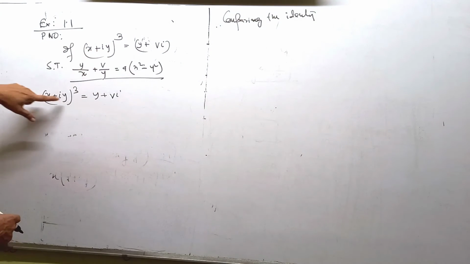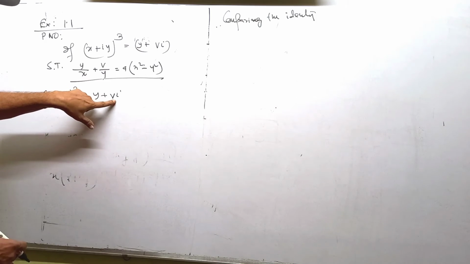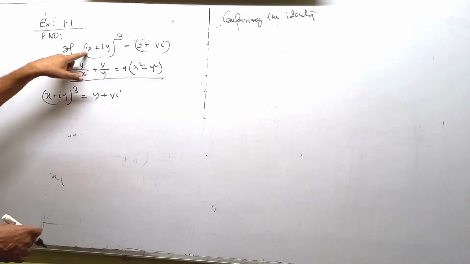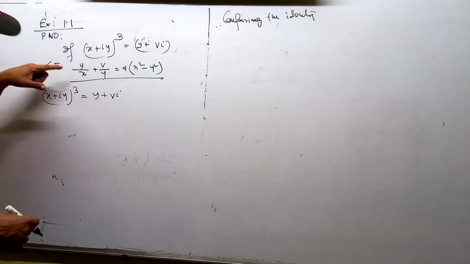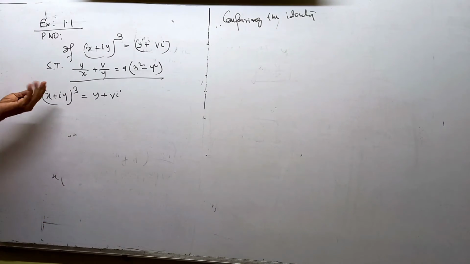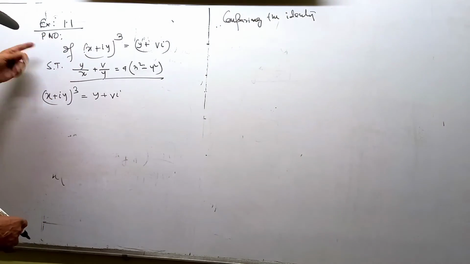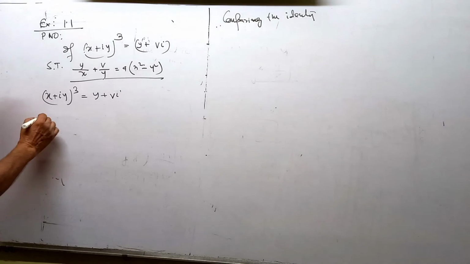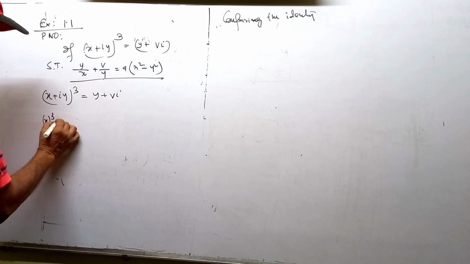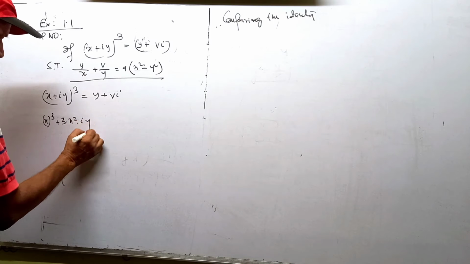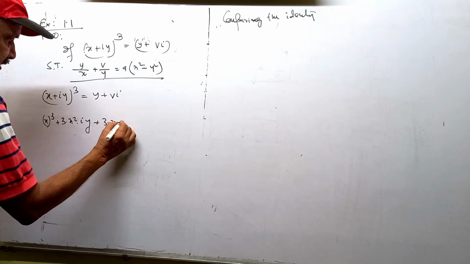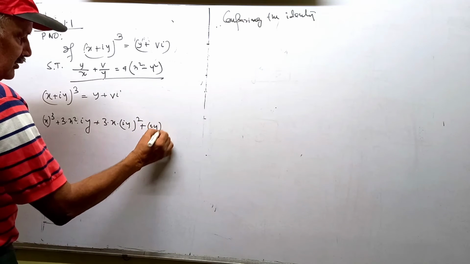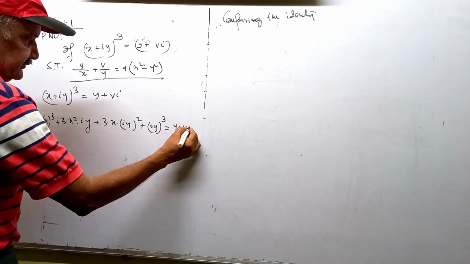Now (x plus iy) whole cube equal to y plus vi, and we have to prove from here this value. Whatever is given, we operate from there, and it is easier if we go from the given value. Now you write (x+iy)^3: x cube plus 3x square into iy plus 3x (iy) square plus (iy) cube equal to y plus vi.